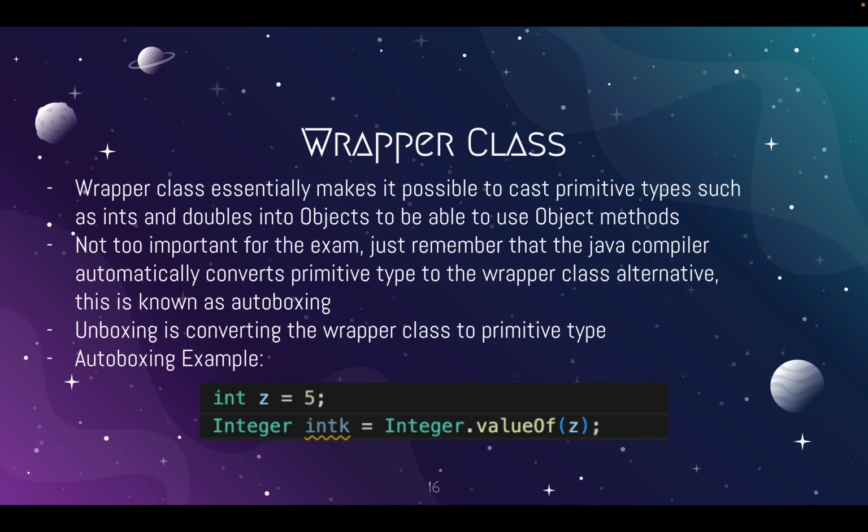And unboxing is converting the wrapper class to primitive type. Here, for example, you have this int z, you convert it to an Integer, which is part of the wrapper class, and you do this, valueOf. And it still has the same properties as an int, except you can add it to different types of data structures, which we will cover later, such as an ArrayList.